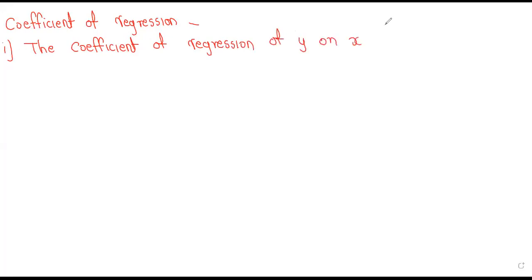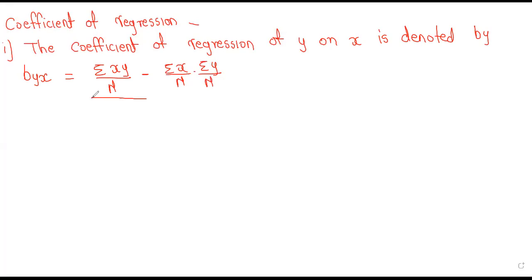First of all, the coefficient of regression of y on x is denoted by byx, and it is given as summation of xy divided by capital N minus summation of x divided by capital N into summation of y divided by capital N, whole term divided by summation of x square divided by capital N minus summation of x divided by capital N, bracket square.